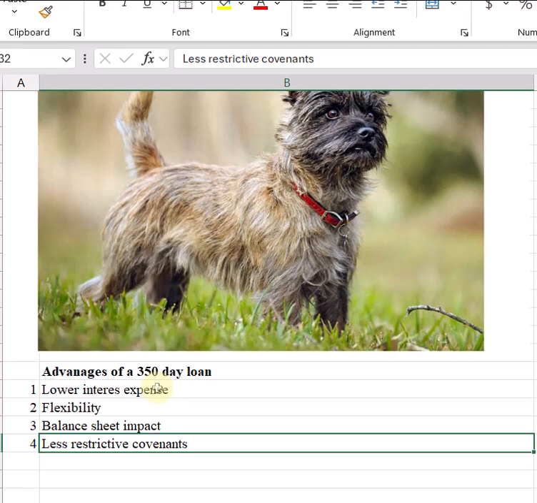An example might be that you have to maintain a certain current ratio or certain profitability or interest coverage ratio. Lenders like to put that in because they want to make sure they're going to get paid back if the company runs into trouble.